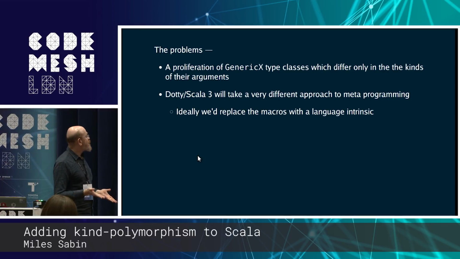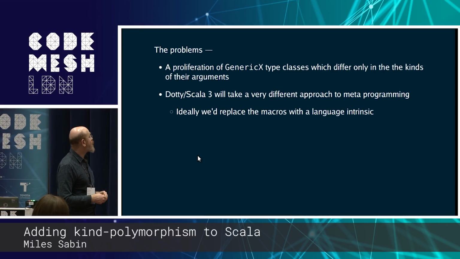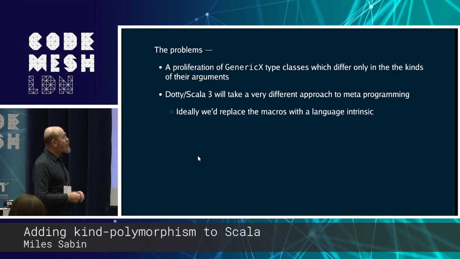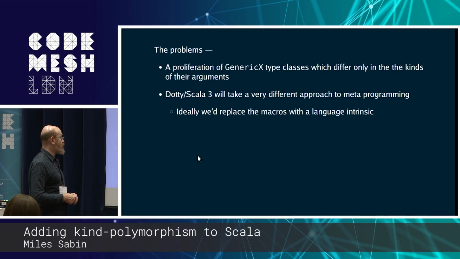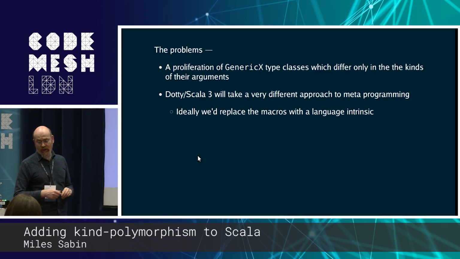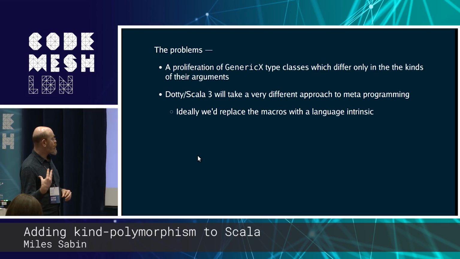Next problem is that Dotty, which definitely is going to be Scala 3, will take a very different approach to metaprogramming, which means that we want to reduce our dependence on macros as much as possible. So ideally, what we want to do is replace Generic, which is currently a type class which is materialized by macros, with an intrinsic language feature.